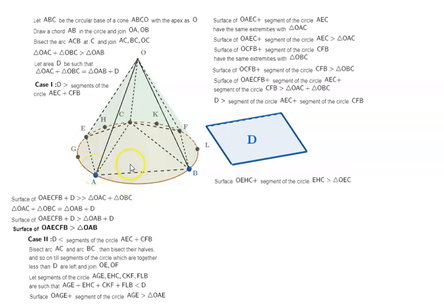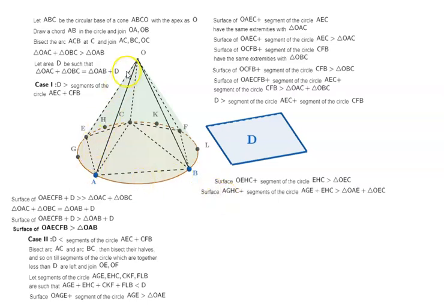Now, similarly, surface OEHC plus segment of the circle EHC is greater than the triangle OEC. Again, extremities are same and the triangle is inside the section of the cone.